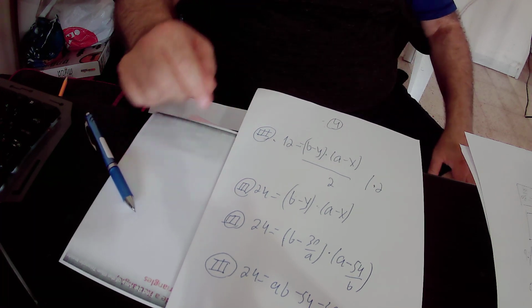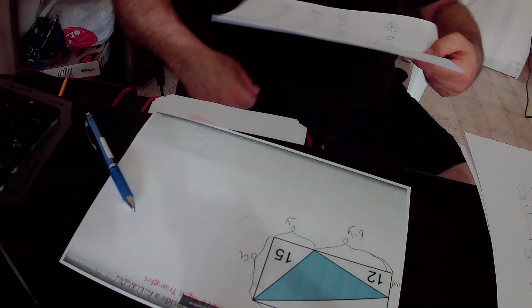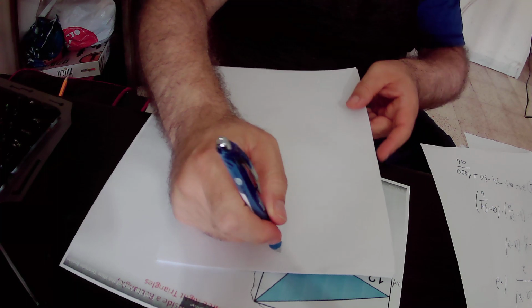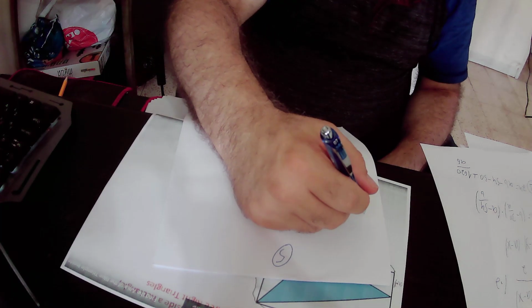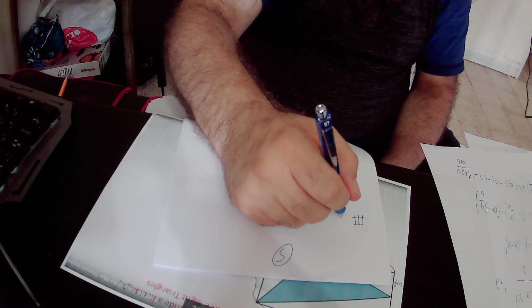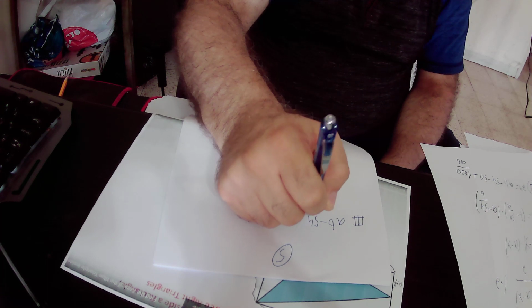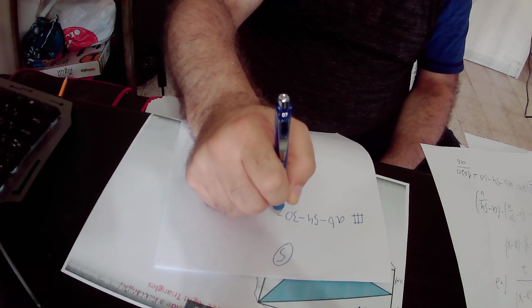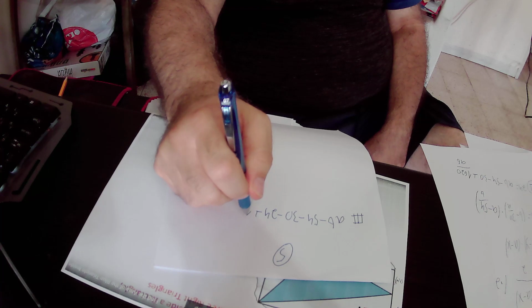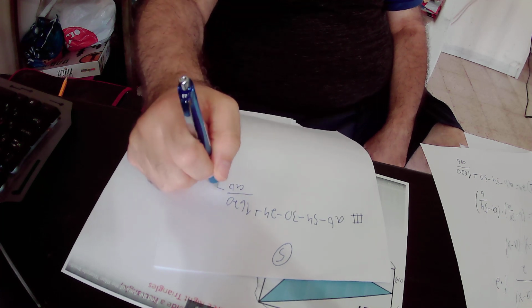So now we will subtract 24 from both sides of the equation, and we will get that ab minus 54 minus 30 minus 24 plus 1620 over ab equals 0.